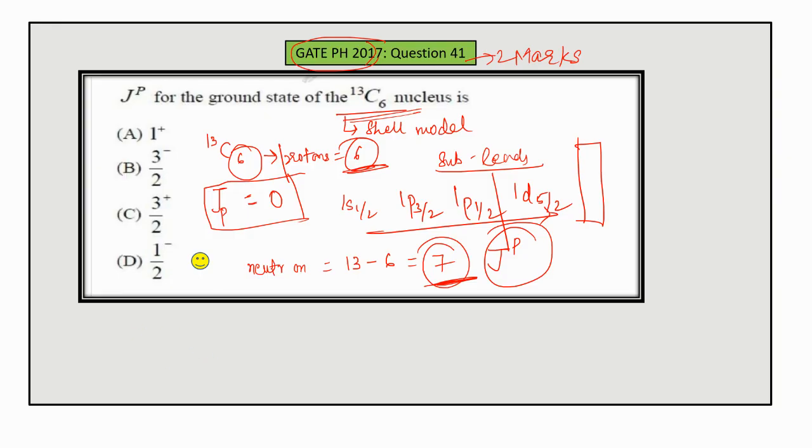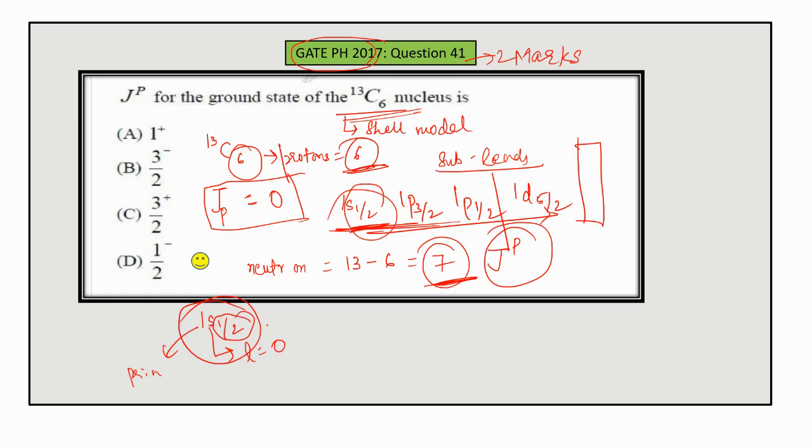Now coming back to this filling of sub levels. This is 1s 1/2. The 1 defines the principal quantum number. The s corresponds to the orbital angular momentum, that means L is 0.